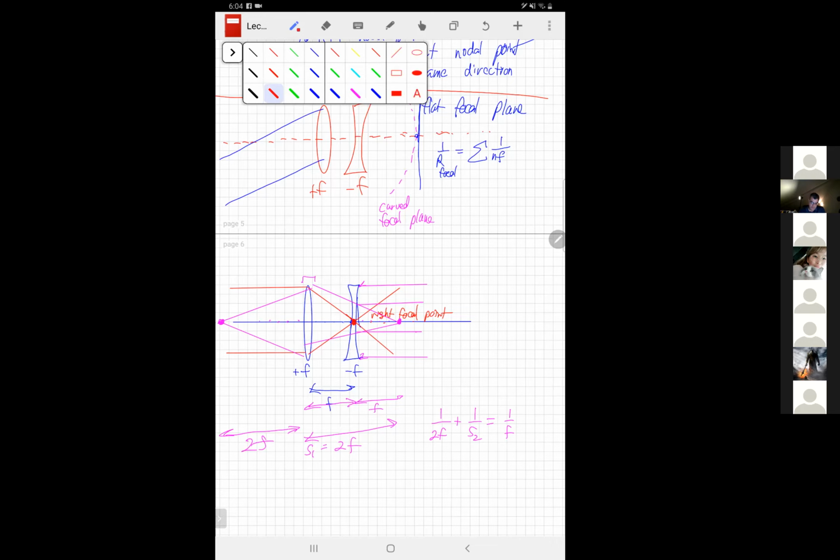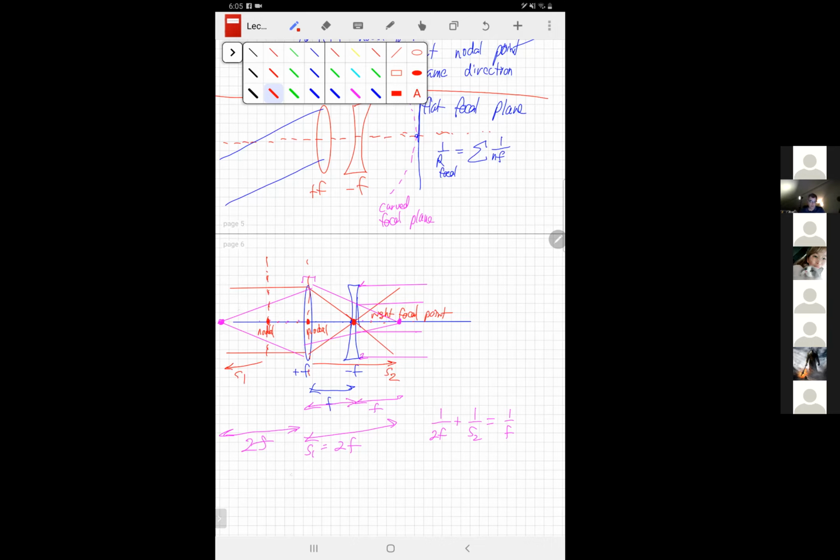So it looks to me like we've got a nodal point and a nodal point. So we could use the thin lens equation as long as we measured S1 from here and S2 from there.